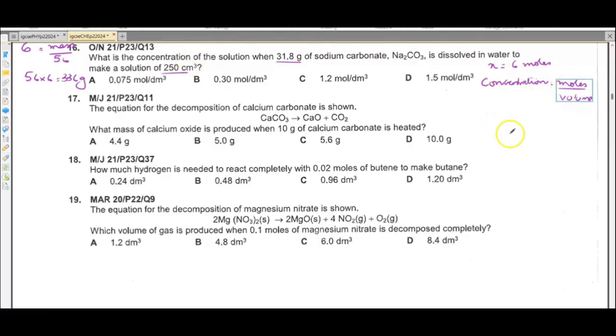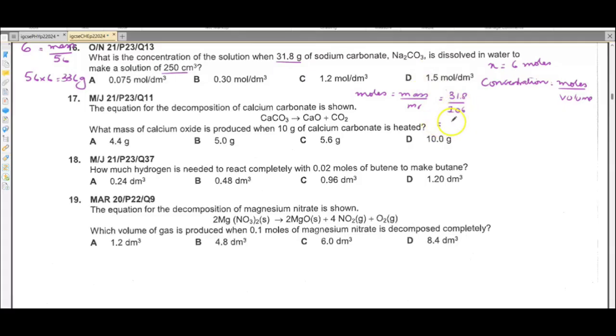But we don't have the moles, but we have the mass. So we can convert the mass into moles with our simple formula, which is moles is equal to mass by MR. So the mass is 31.8, and MR for Na2CO3 is 106.